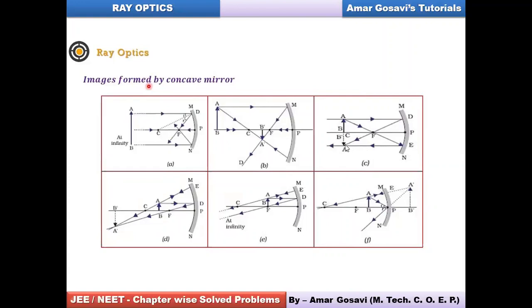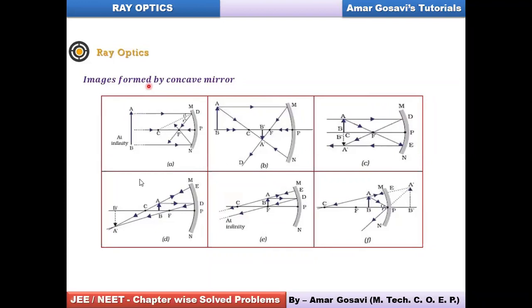Wherever these two rays meet, the image is formed. The image is also formed at center of curvature. If the object is at center of curvature, the image is also at center of curvature, and moreover they are of same size. Here the image was diminished, you can see, in case B.